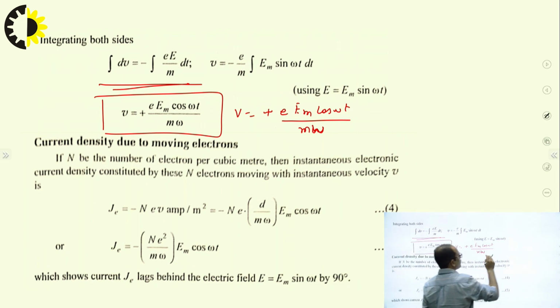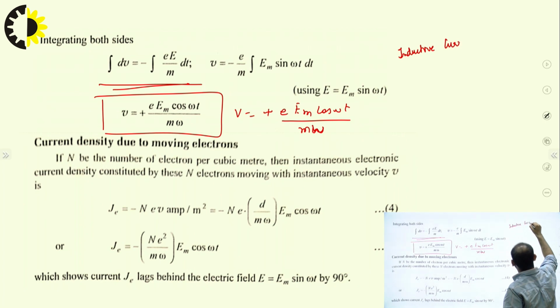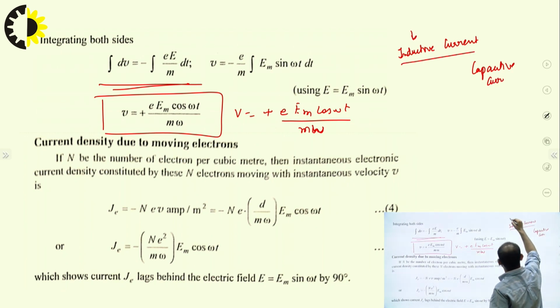Now when there are free electrons, two types of current will be there. One is the inductive current, and another one is the capacitive current. This inductive current is produced due to the free moving electrons.